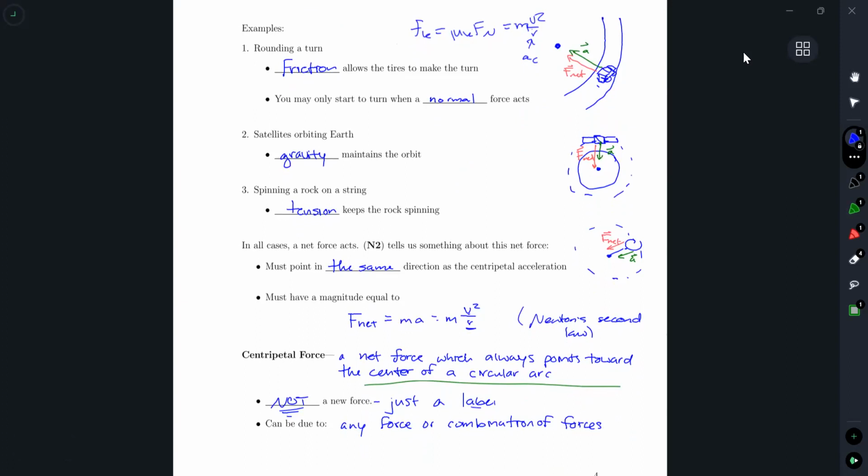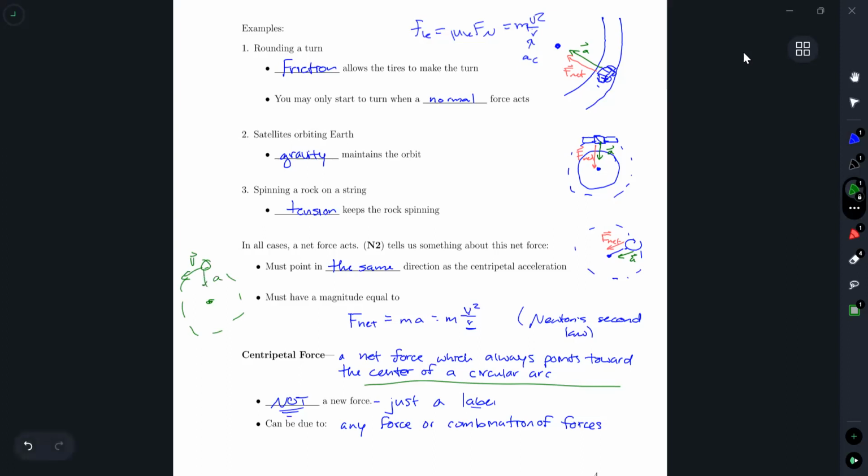Conceptual type questions on this are about directions for the most part. You're told that something is moving in a circle, and you're asked about what direction the velocity points, the acceleration points, or the net force points. So we got something moving in a circle. Its velocity is always tangent to that circular path, as velocity always is to any path.